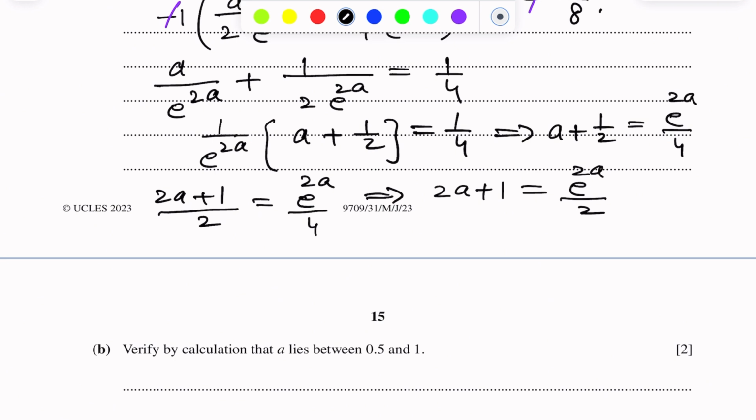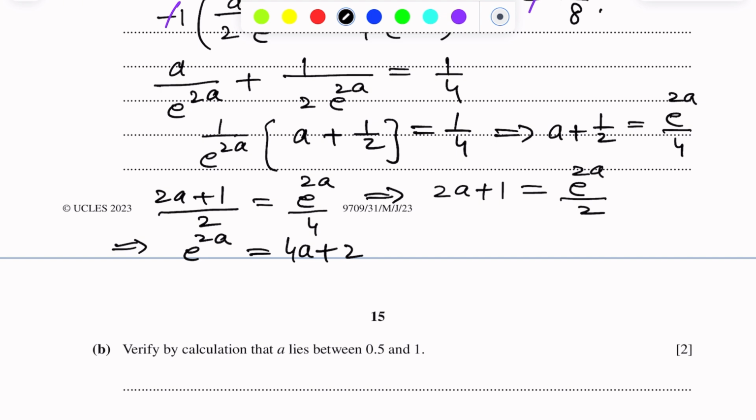From here, e power 2a is equal to 4a plus 2.